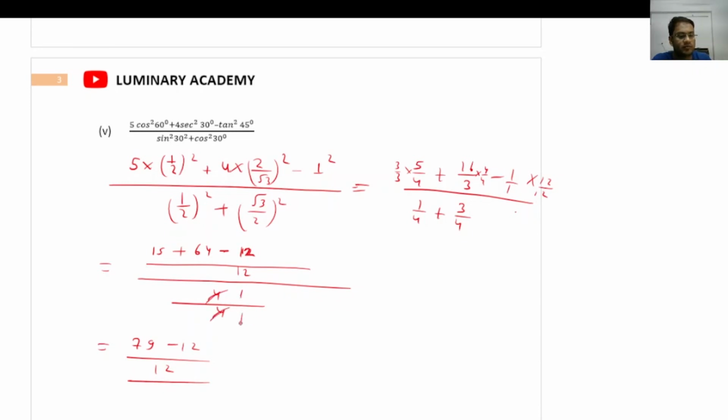So this will be 1 upon 1, which is of no use. 1 upon 1, whether you write it or not is the same thing. So this will become 9 minus 2 is 7, and 7 minus 2 is 67 upon 12, which is your final answer. You cannot solve this further because this is the final answer which we can get. Okay, so this is quite easy.